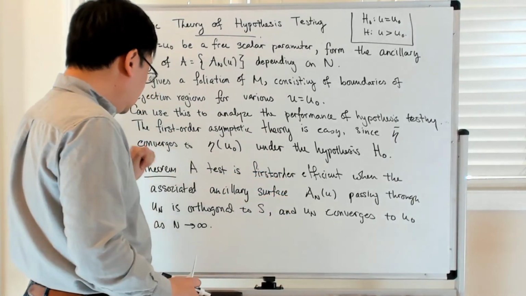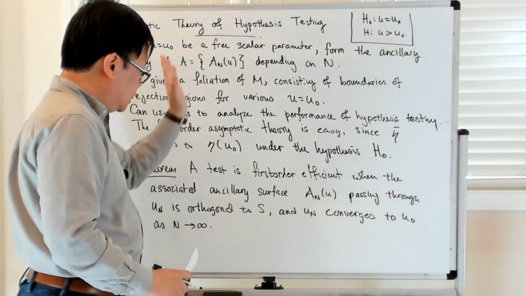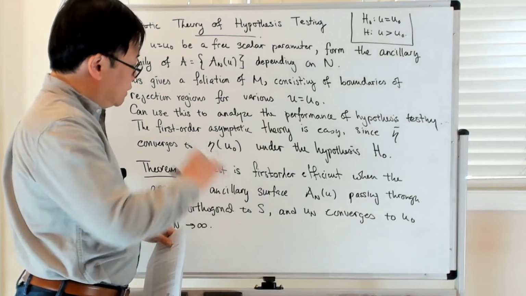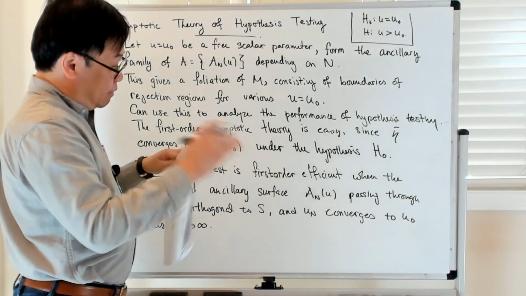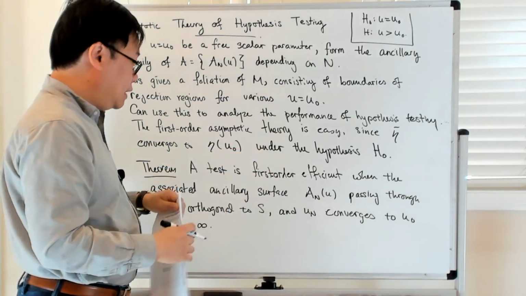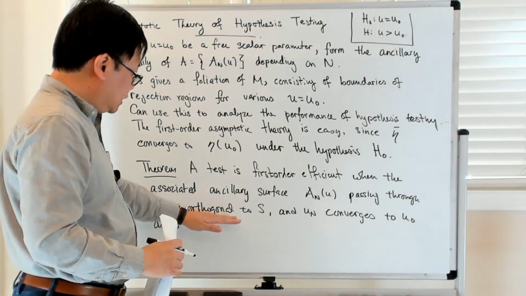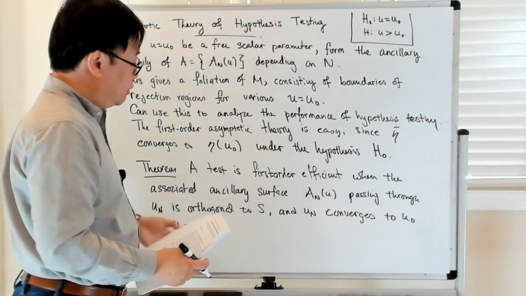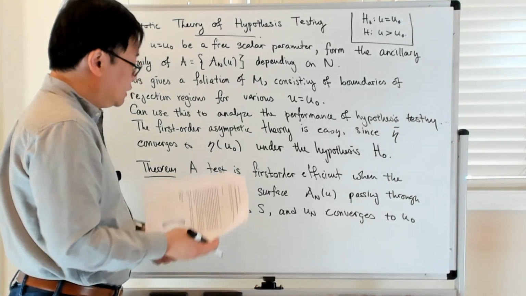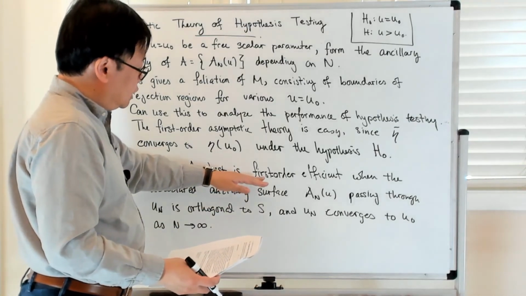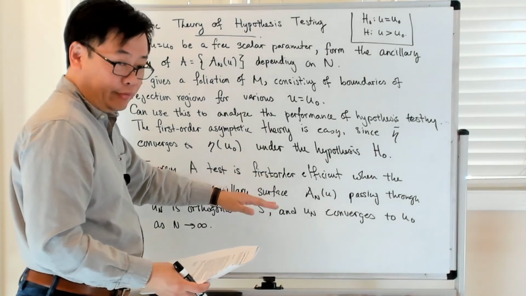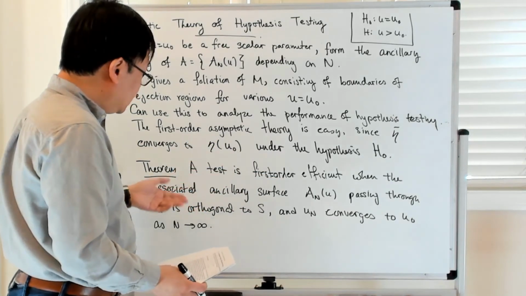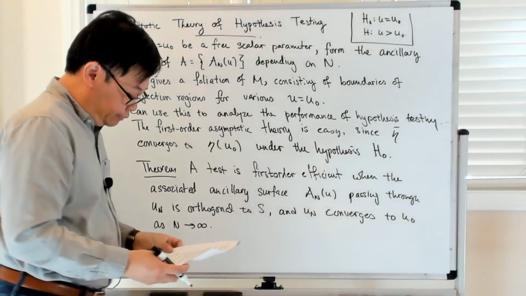If you recall, the condition that the ancillary surfaces are orthogonal to this submanifold of curved exponential families is the necessary condition for your estimator to be first order efficient. And so if you construct the test in such a way that it's compatible with that condition, then you could have a first order efficient hypothesis testing as well.